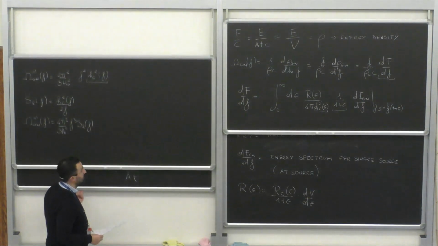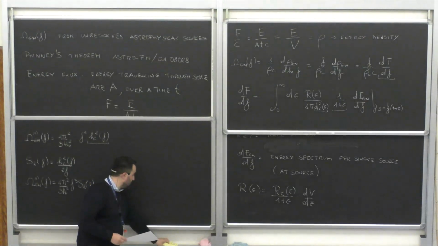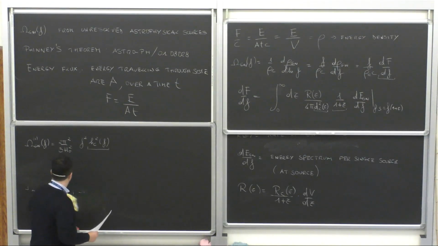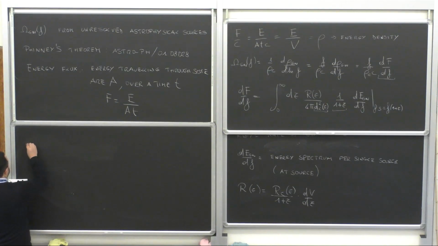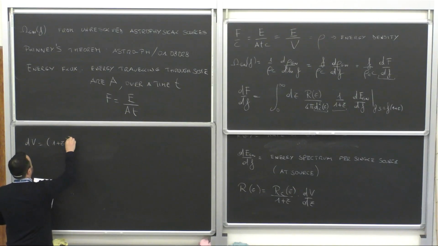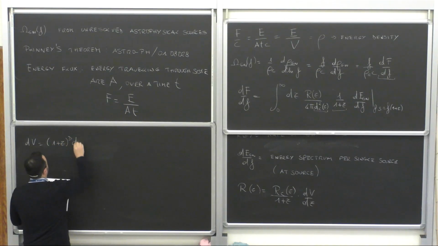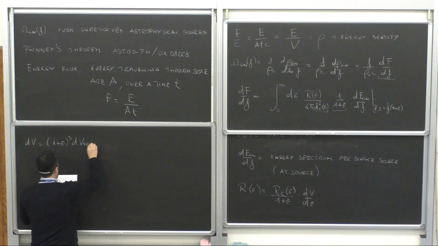So now let's give a bit of definition for this. What is this comoving volume? So dV is, we are talking about a volume, so here there is a cube times the proper volume.